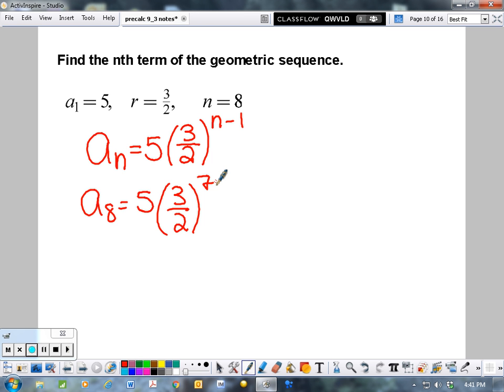And so again, you can calculate fraction-wise. So I could do 3 to the 7th power, and I could do 2 to the 7th power. So I get 5 times 2187 over 128.